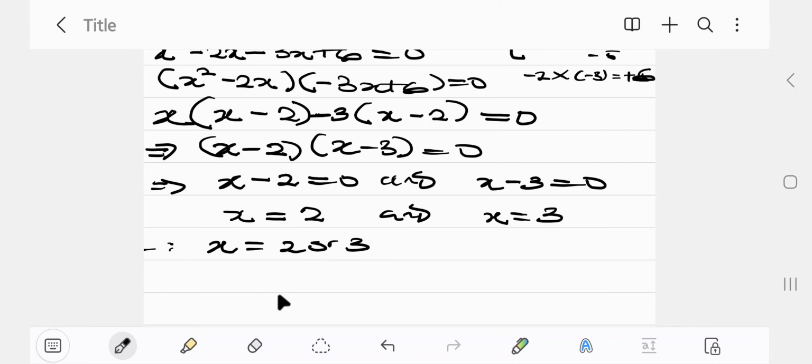Let's check. If we substitute the values of x in the denominator and the result gives us 0, definitely it means the whole fraction cannot be 0.